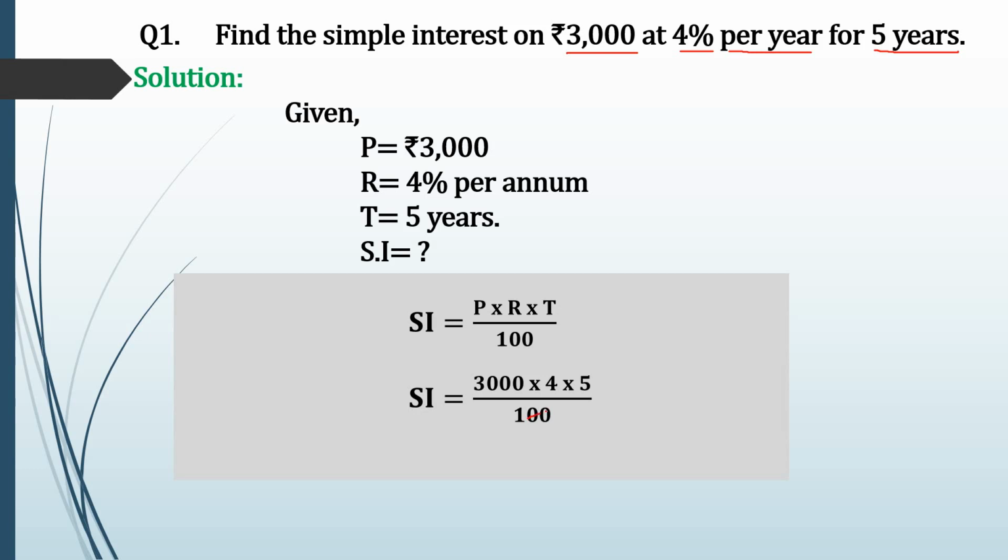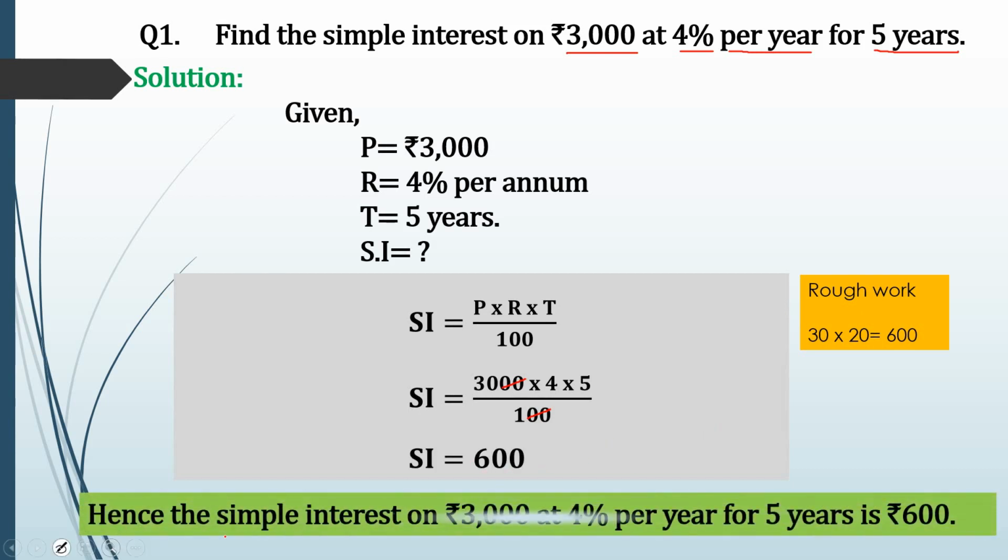Here we have 2 zeros in the denominator. We'll cancel 2 zeros in the numerator also. Now how much is left? Let's do the rough work. 30 into 4 into 5 is 20. So 30 into 20 is 600. Therefore SI is 600. Finally we can write our answer. Hence the simple interest on rupees 3000 at 4% per year for 5 years is 600 rupees.